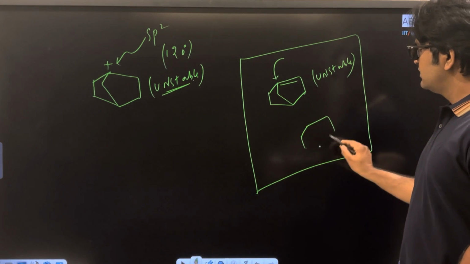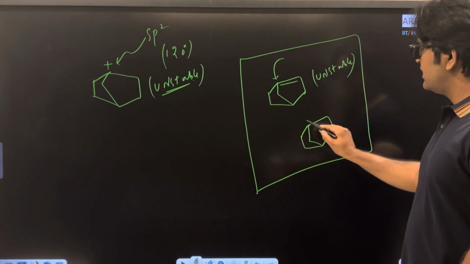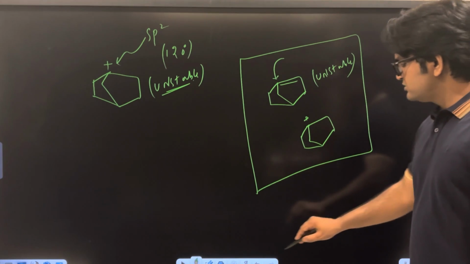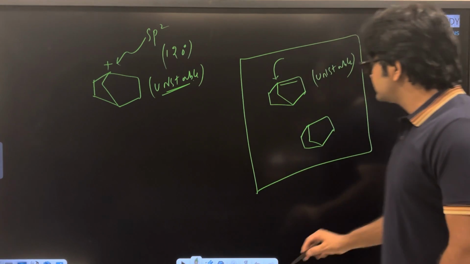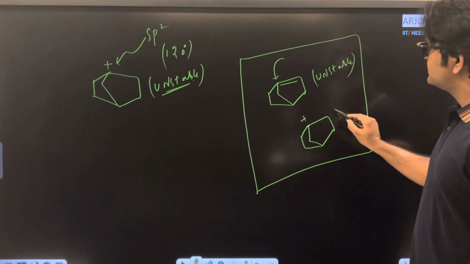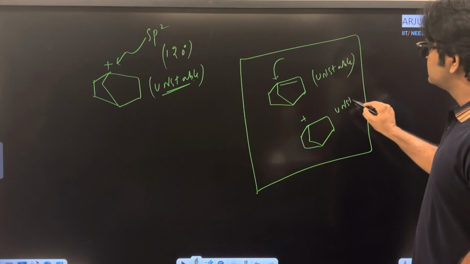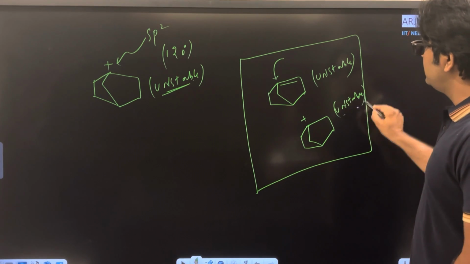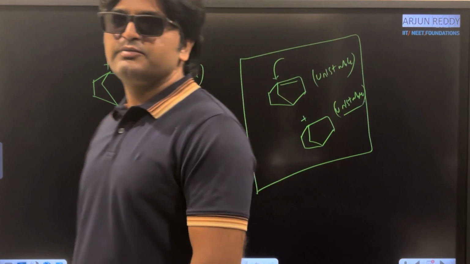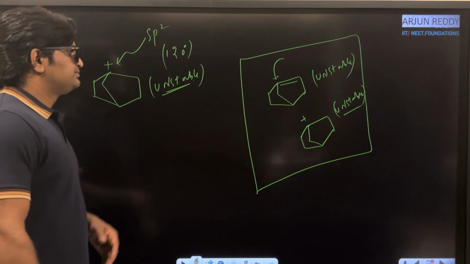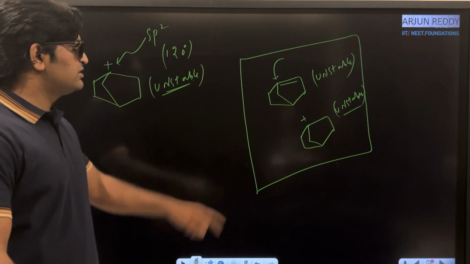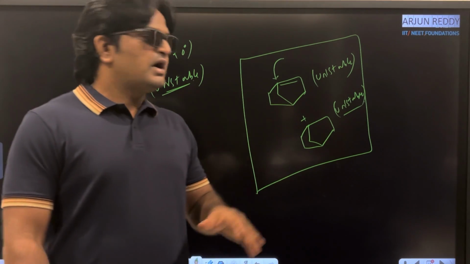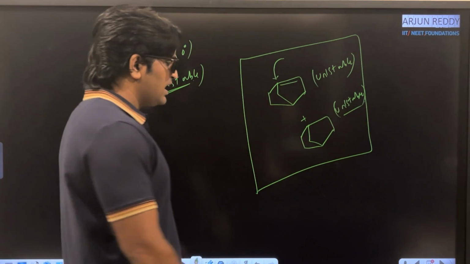And next one, same at a bridgehead carbon atom, if a positive charge is present, again this is a highly unstable species. Remember these 2 points. Both require a 120 degrees bond angle, but unfortunately there is no 120 degrees bond angle, and these two are said to be highly unstable.